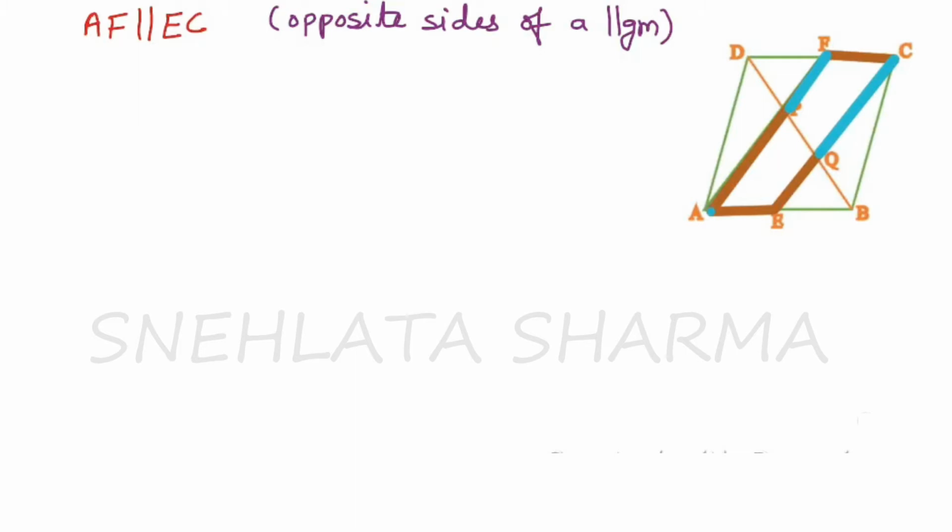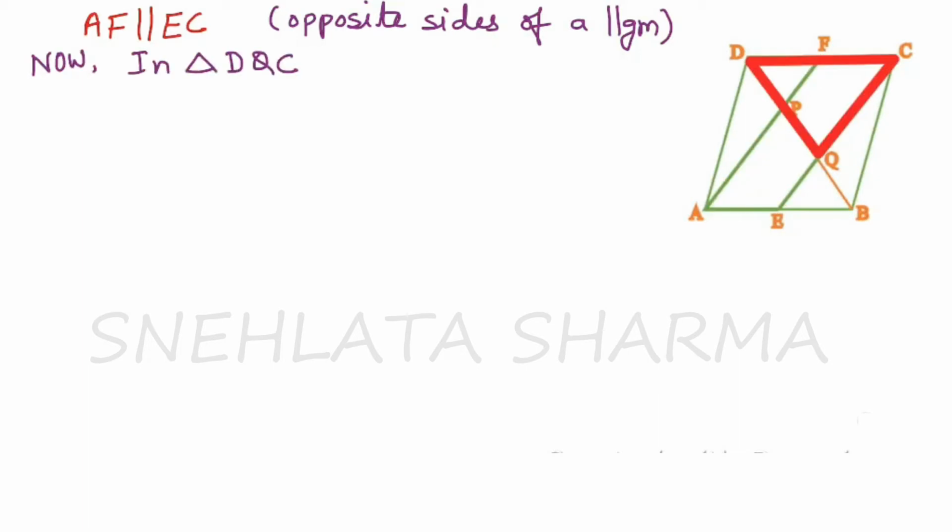We have PF parallel to QC. Now in triangle DQC, see figure. In triangle DQC, we have F as midpoint of side DC and FP is parallel to CQ. This is FP. FP is parallel to CQ. Also, F is midpoint of DC. So, by converse of midpoint theorem, we can say that P is midpoint of DQ. So, this point P is midpoint of DQ.